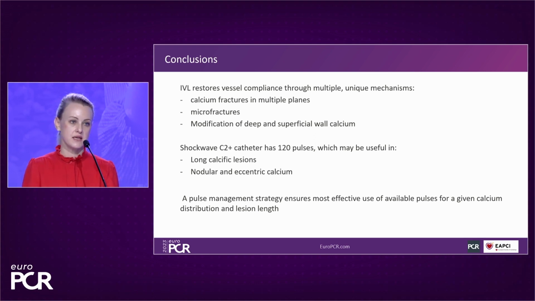The Shockwave C2 Plus catheter has 120 pulses, which may be useful when we are treating long calcific lesions and also in nodular and eccentric calcium. To use the lithotripsy most efficiently and effectively, we need to have a pulse management strategy targeting the catheter to where it will be most effective. Thank you.